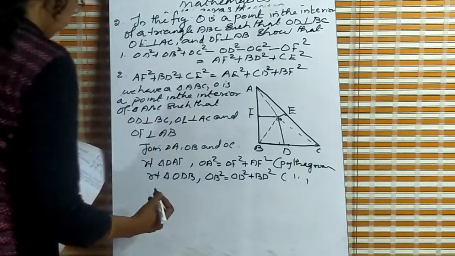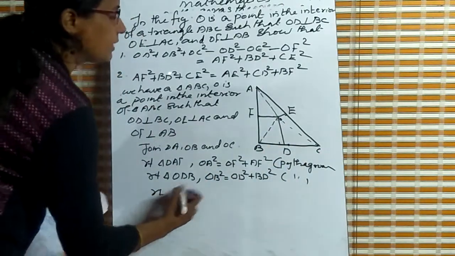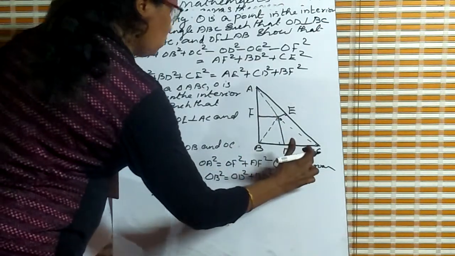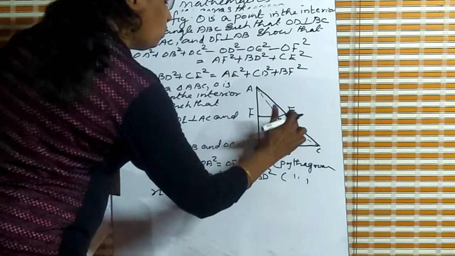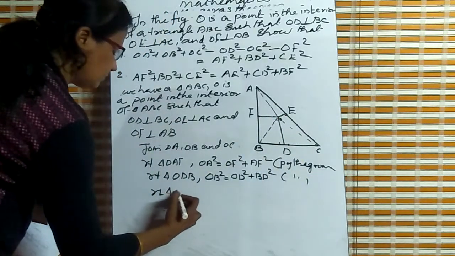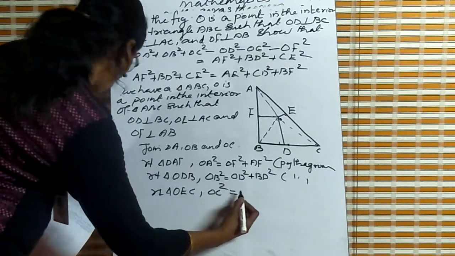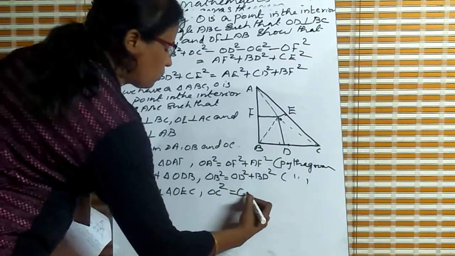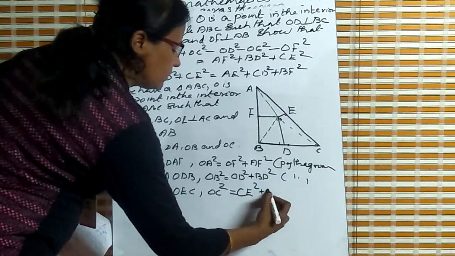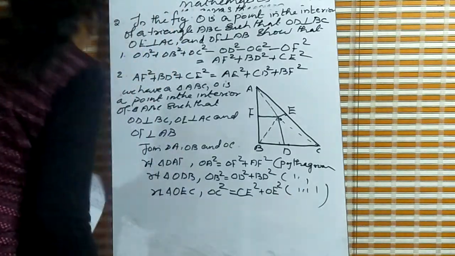Again, what is OC square? From right triangle OEC, OC square is equal to CE square plus OE square by Pythagoras theorem.